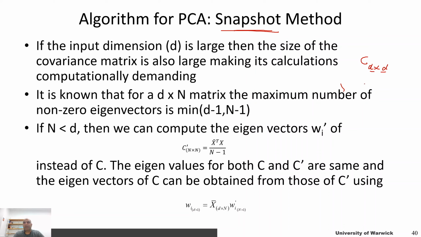This snapshot method constructs an equivalent covariance matrix that I'm going to indicate with C, with this tilde sign on top, that is going to be of size n cross n. So if n is much smaller than d, then you can use this method, okay? So if you are working with images with very large dimensions, but with only a small number of images, you can try this snapshot method out, okay?